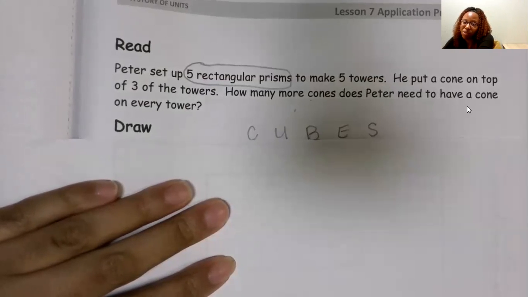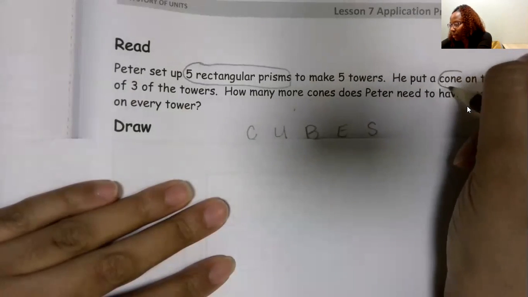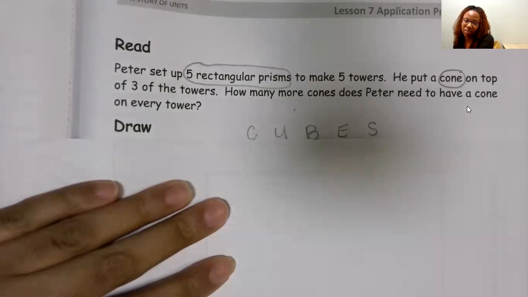He put a cone on top of the 3 towers. This one might be a little tricky, so I can help you out. Now, the word cone is important for our label because that tells us what shape we need to draw next.